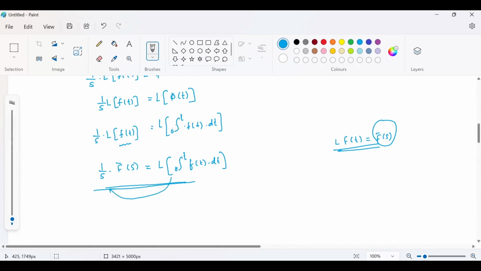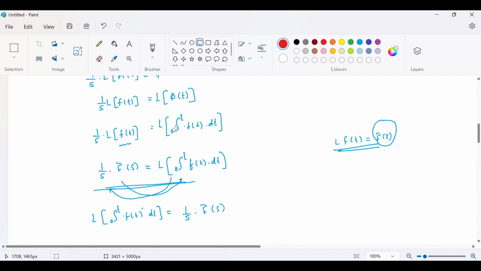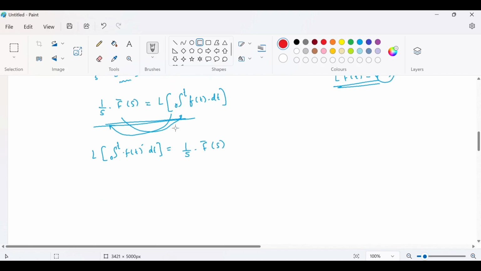I will take this term here and this term here. So Laplace of integration 0 to t f of t dt is equal to 1 upon s f bar of s, and this was the outcome which we wanted to prove in this example, right?